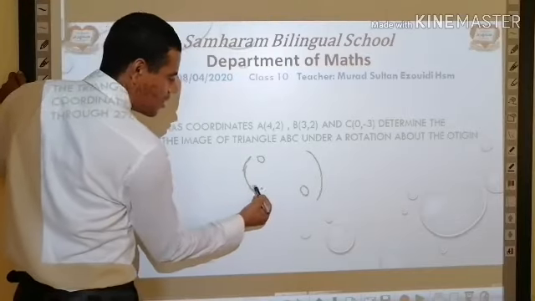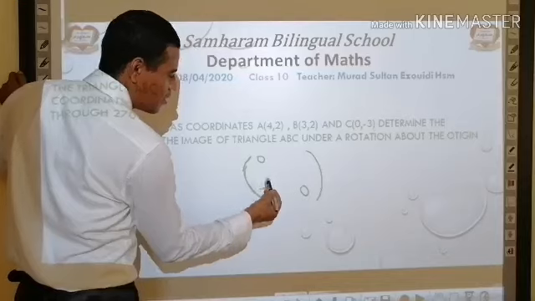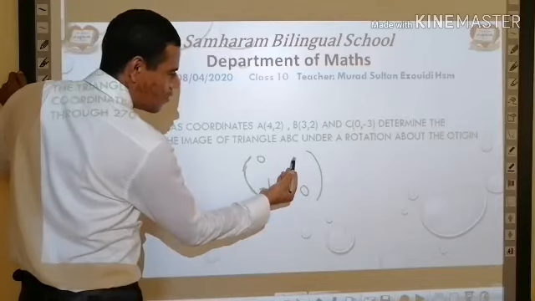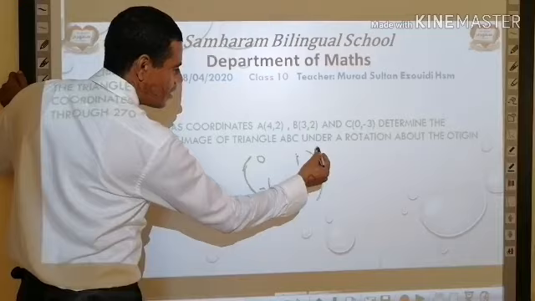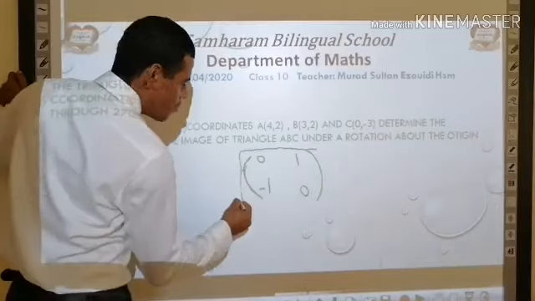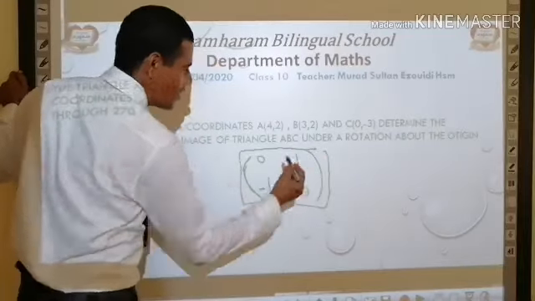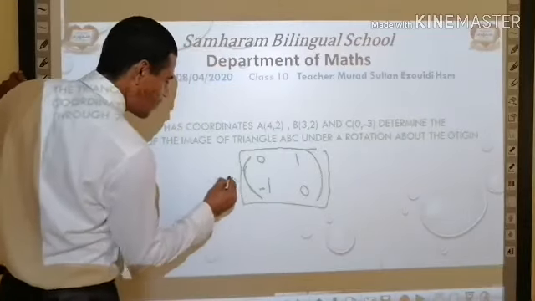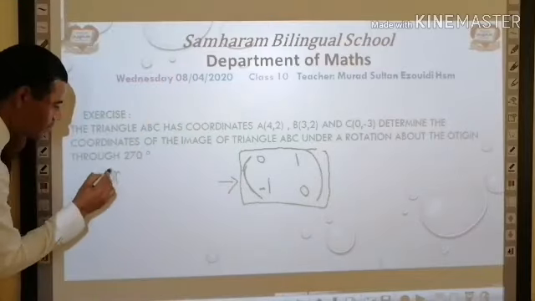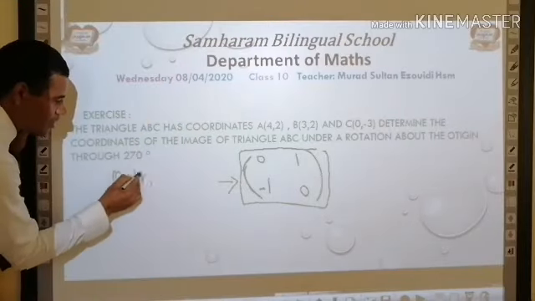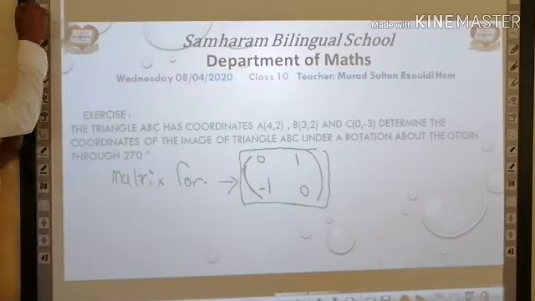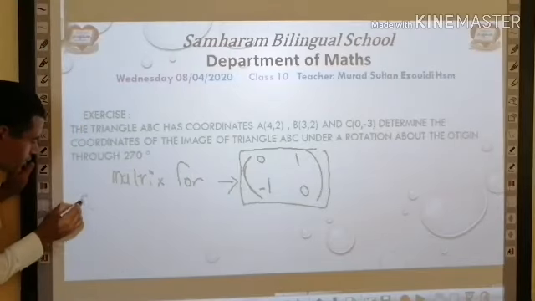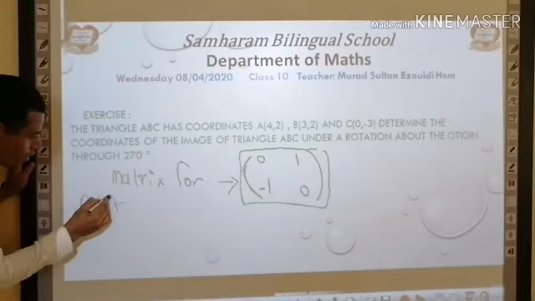Sine of 270 is minus 1, so minus sine of 270 is minus negative 1, which is 1. This is the matrix for rotation.